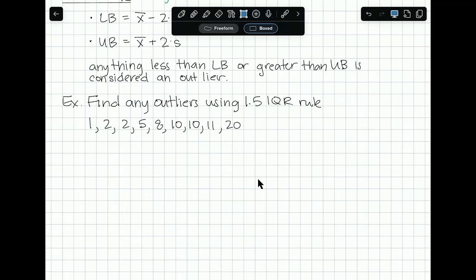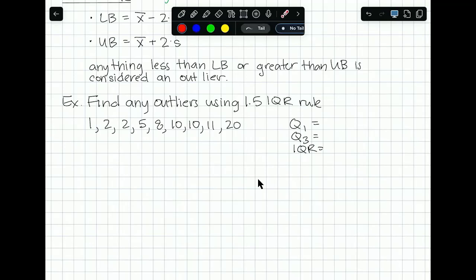So in order to use the 1.5 IQR rule, I need to know what my Q1 is, what my Q3 is, and what the IQR is. So Q1, Q3, IQR. Those are my first steps. Because this is a short list, I'm going to do it by hand really quick.